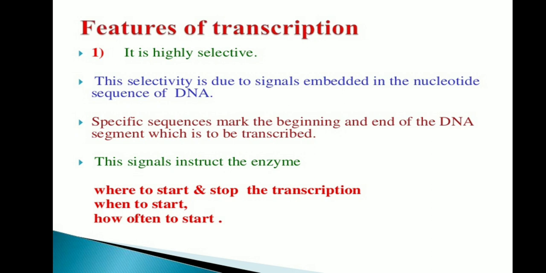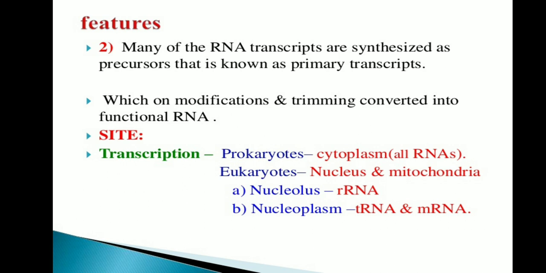It means there are two different points on the DNA from where the transcription will start and where it will stop, right? So you will get the start point and stop point on the DNA sequences.